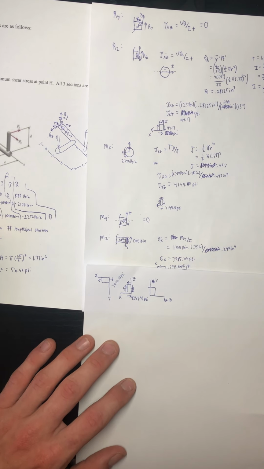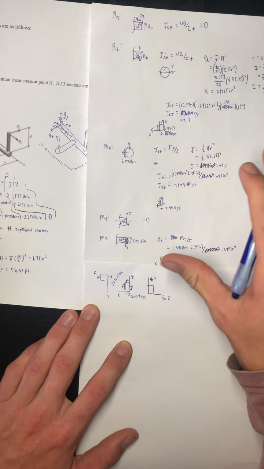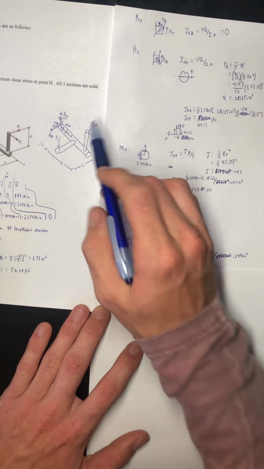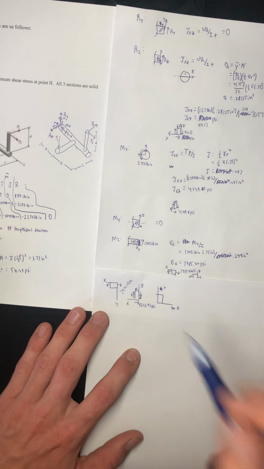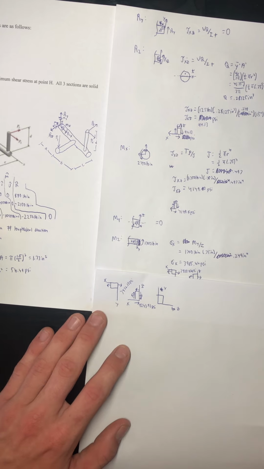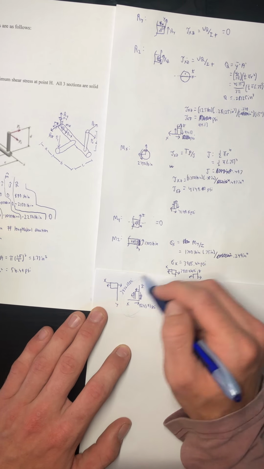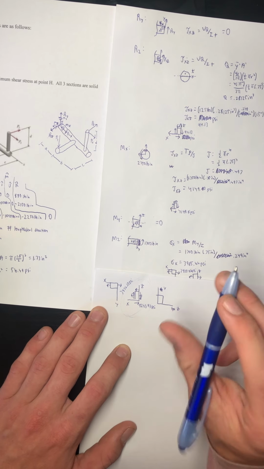So we now need to go about finding our principal stresses. So we've taken all of the stresses that result from the applied loads and we've superimposed them together onto the same blocks, and we're now going to go ahead and find the principal stresses that result from this block, because this block has the most tension, the most stresses acting on it.